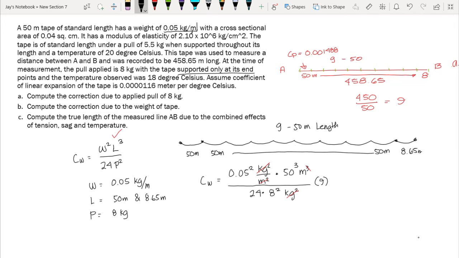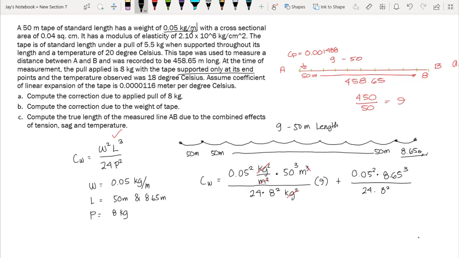Correct? So we have to multiply this correction by 9. Okay? Then we add the correction due to sag in the excess 8.65 meters. So we have the same formula, 0.05 squared times, this time we use the length 8.65 cubed, correct? Over 24 times 8 squared.